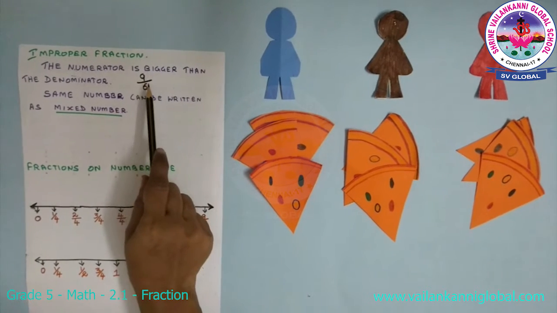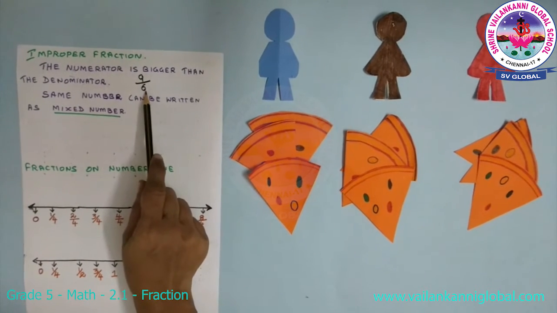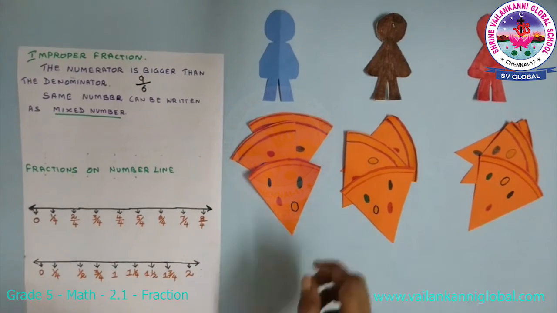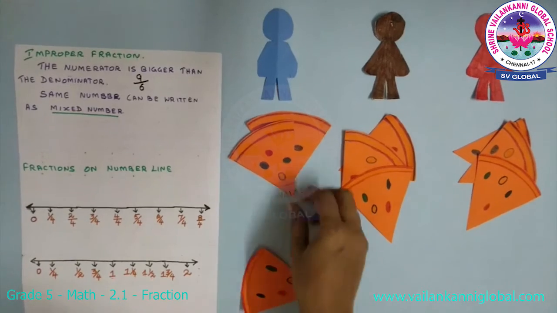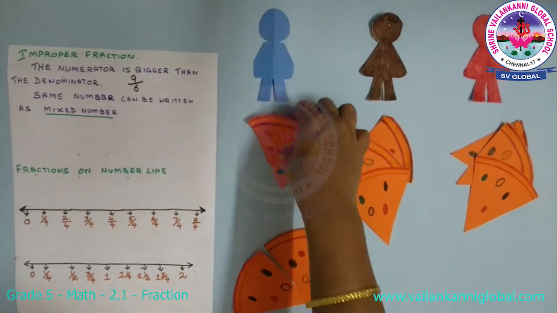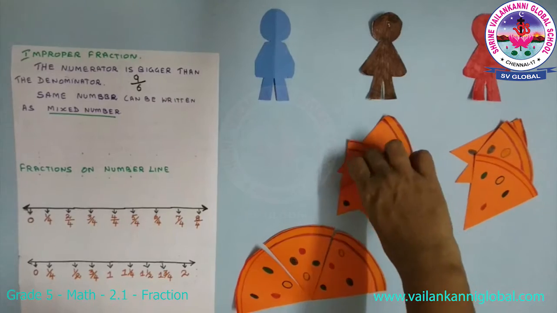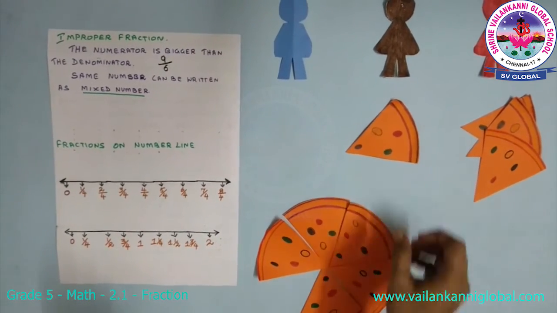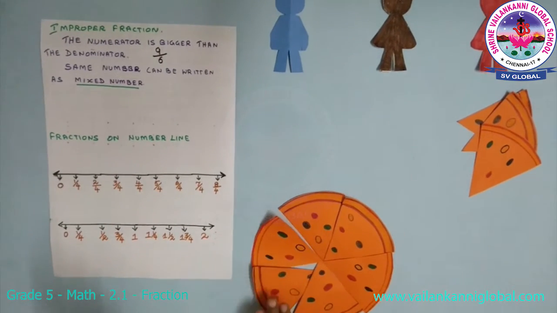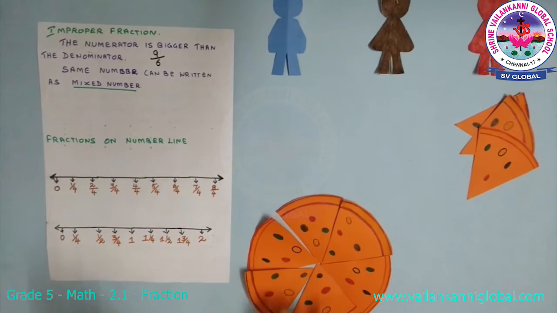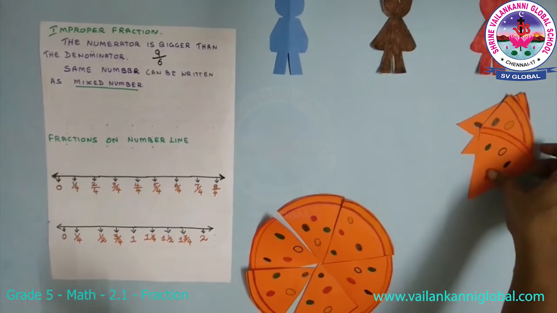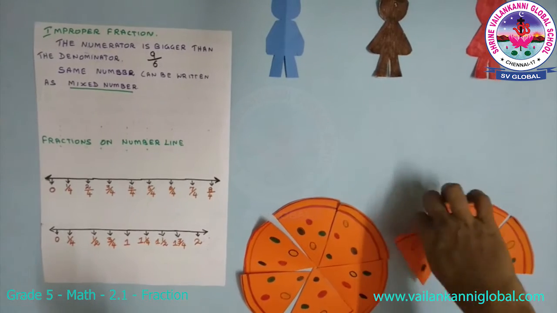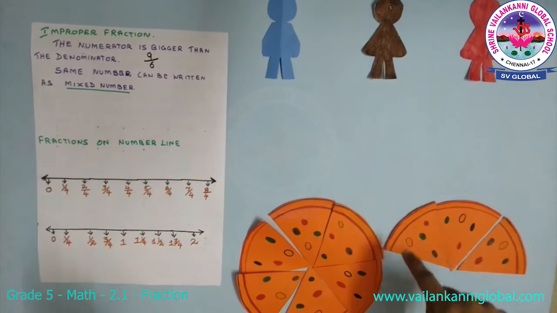Now you got it, how the numerator is bigger than the denominator. Once again I am repeating. If it is one whole pizza, we are getting three more pieces extra. In one whole pizza 6 pieces are there, so 3 more pieces we need, and we are getting them from another whole pizza.